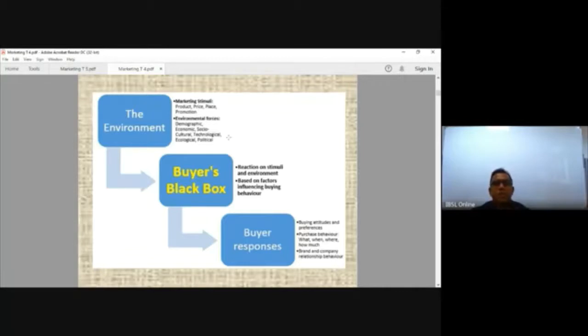And then there are many companies trying to push their products with different marketing mixes: product, price, place, promotion, and service companies adding people, processes, and physical evidence. And then there is the reaction to stimuli and environment, based on factors influencing buyer behavior.